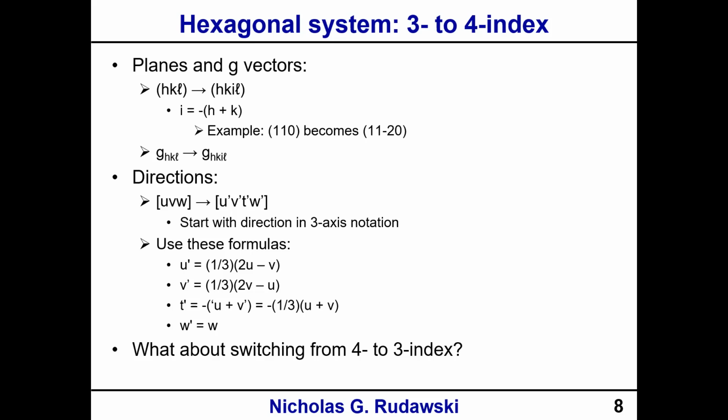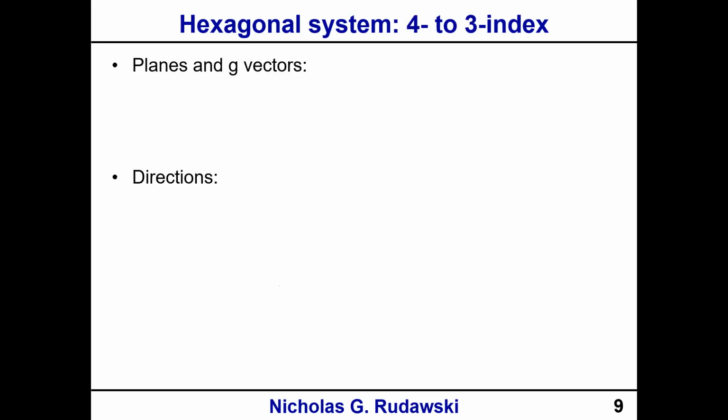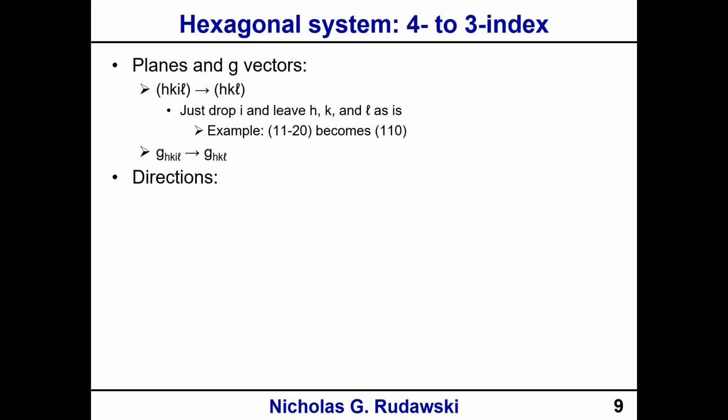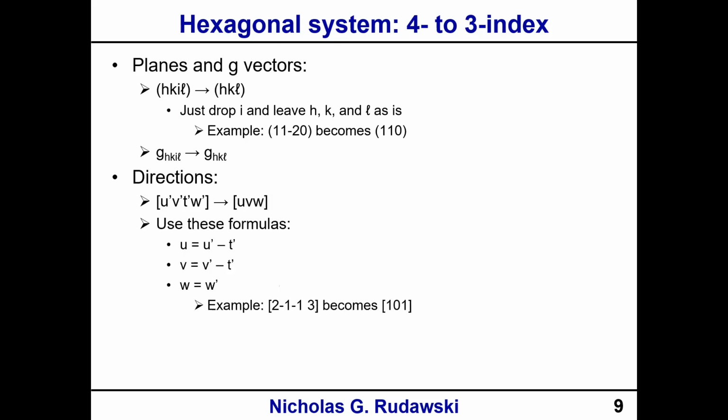So what if we have 4-index, but we want to go back to 3? Again, with the planes and the G vectors, this is very easy. All you have to do is drop the I index and leave HKL as is. So 1, 1, 2 bar, 0 becomes 1, 1, 0. For the directions, this is not terribly difficult either.